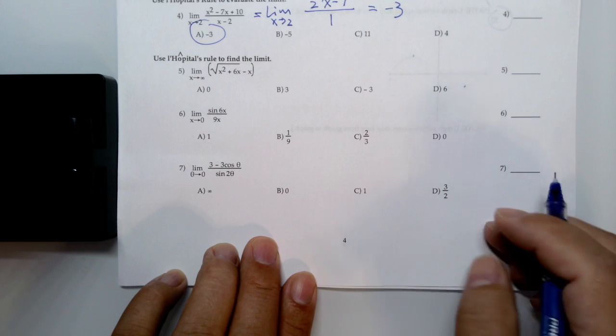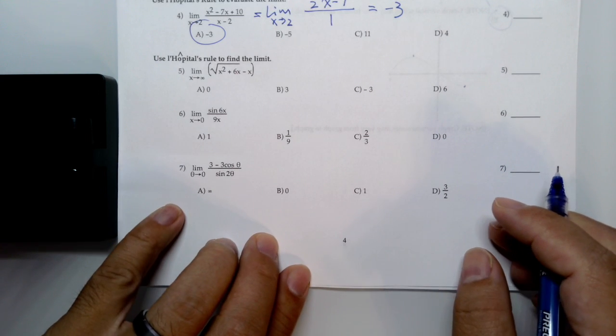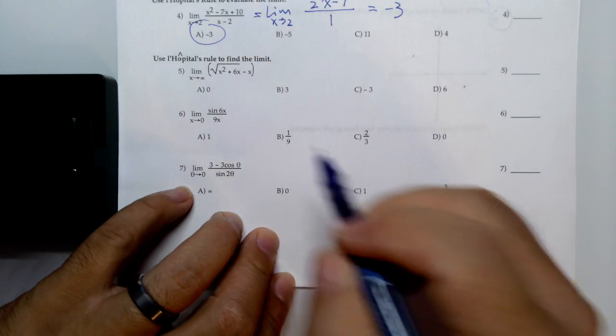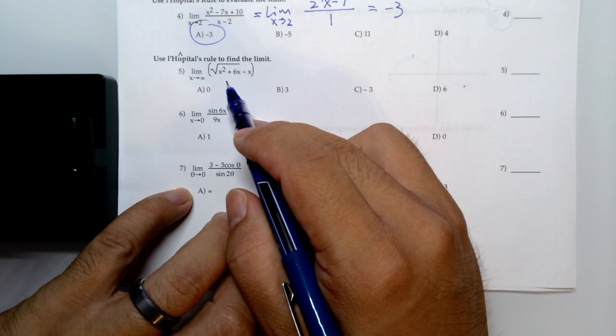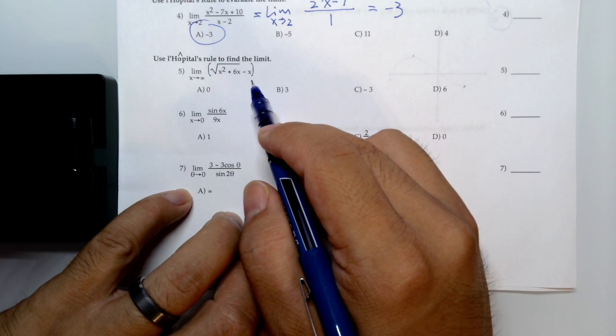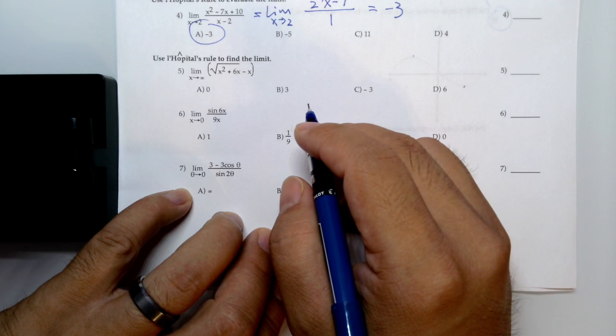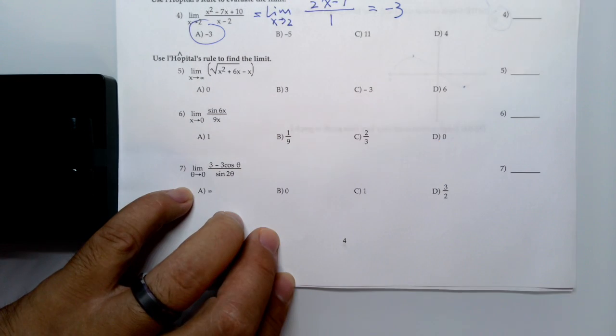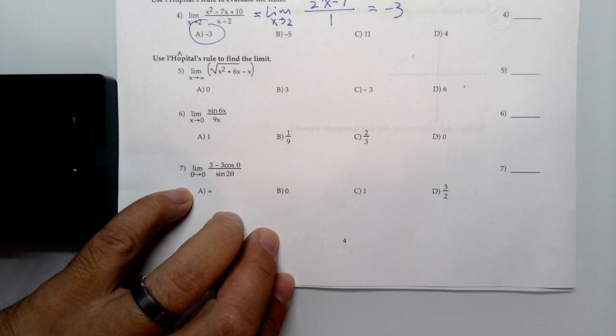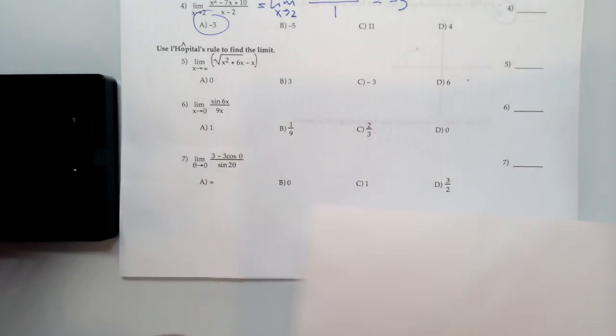So what should we do? One thing you can think of is that there is a radical involved here, and then minus x. Maybe let me use a new picture to write down the details.